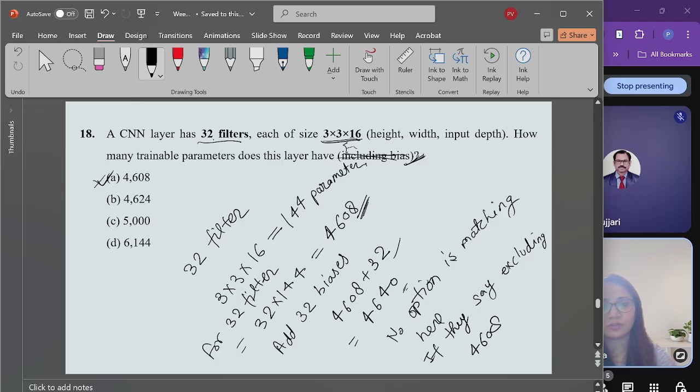So just see whether they are asking about biases or not. If they are asking and no answer is matching, you can raise it later, or you can stick with excluding bias and then mail them like this. And in most cases in exams, this type of problem will happen.